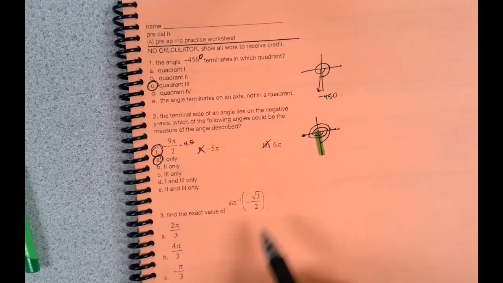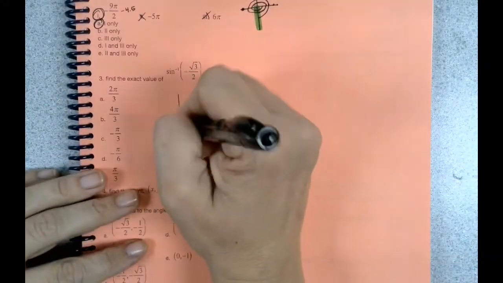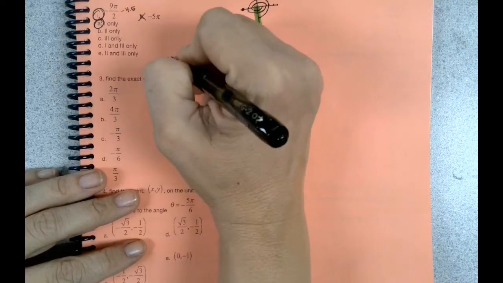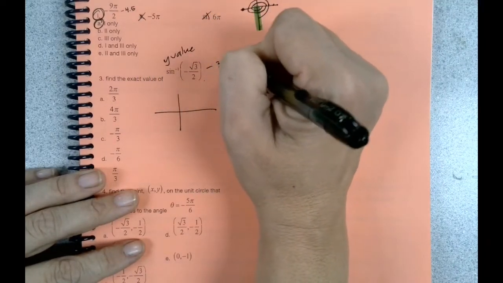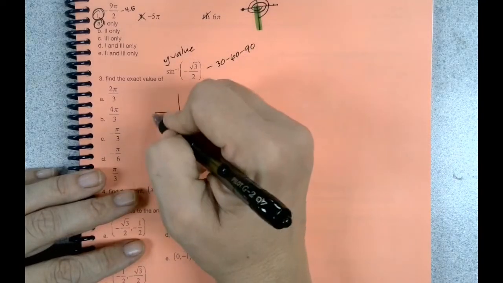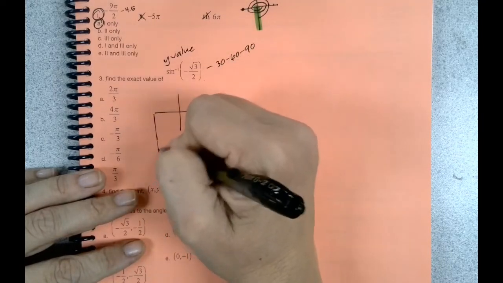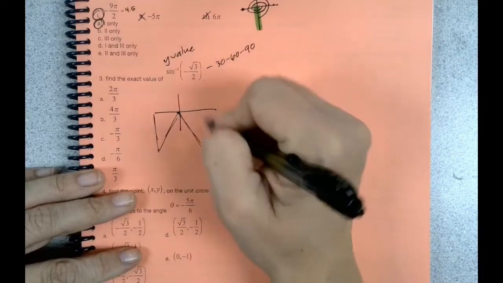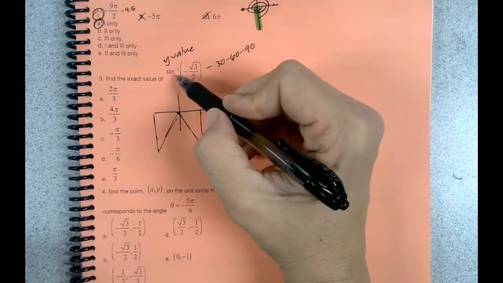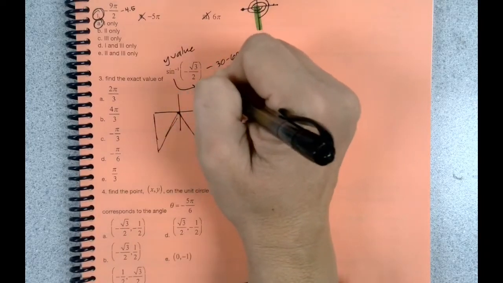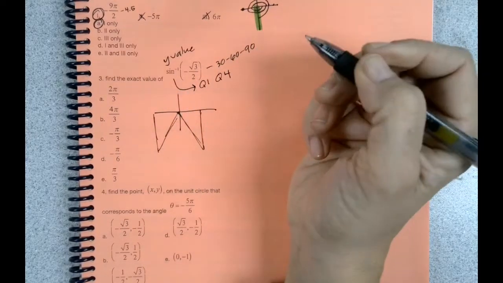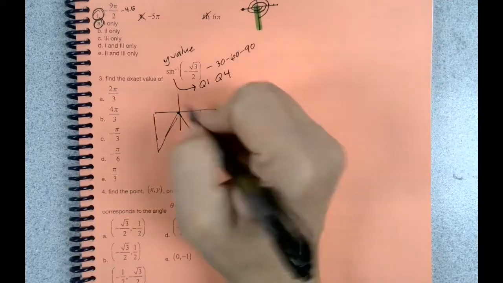Next one, find the exact value of the sine inverse of -√3/2. Okay, y value, negative, that's a 30-60-90 triangle. So we have two options. We can either be here or we can be here. It does say sine inverse, and sine inverse is only defined in quadrant 1 and quadrant 4 because that's where the graph passes the horizontal line test.